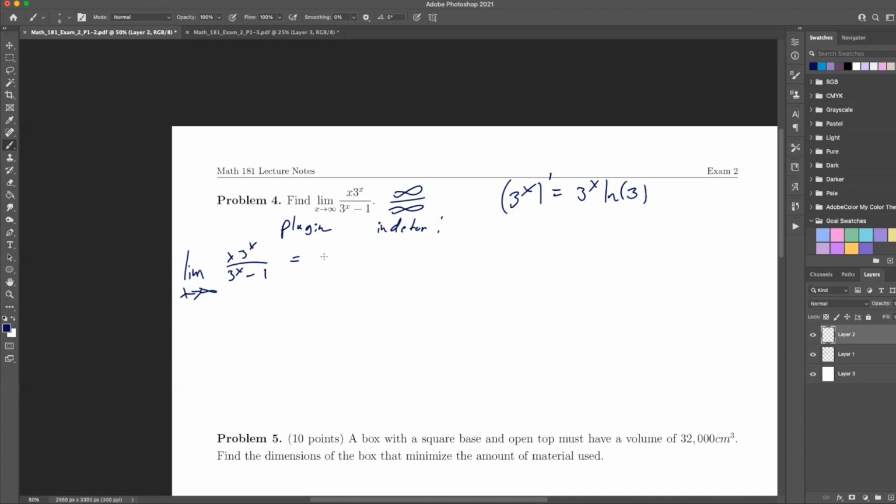So here we're going to take the derivative of the top. We'll leave the x, and we'll take the derivative here. So this will be x times 3 to the x ln 3 plus, here will just be 3 to the x, all divided by the derivative of the bottom, which is 3 to the x ln 3, right?